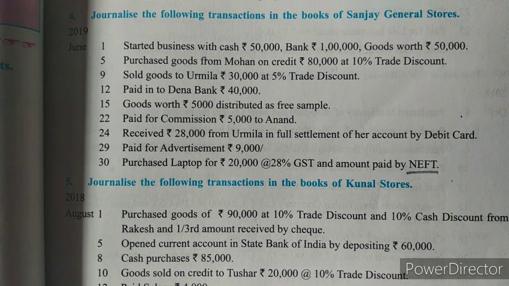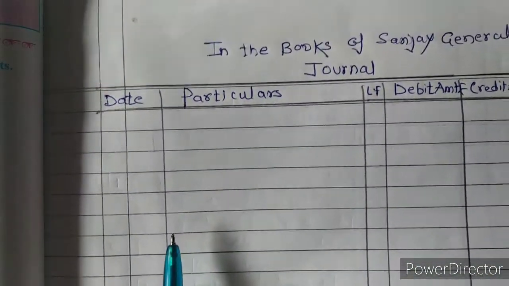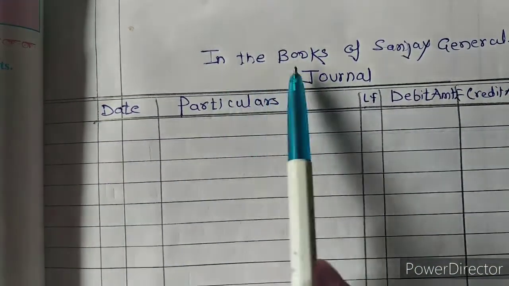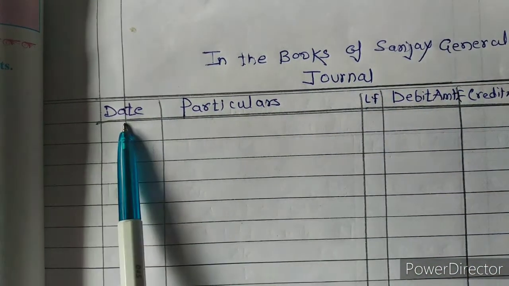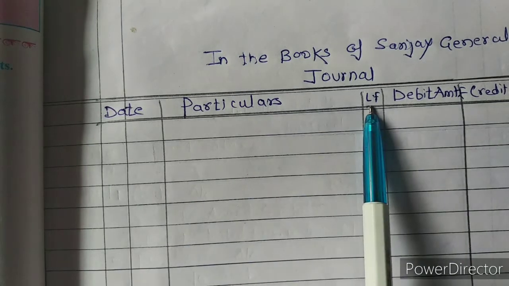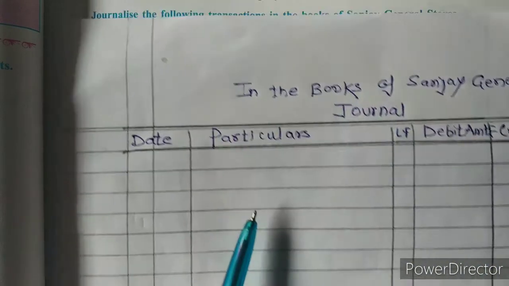Now you have to prepare the format of journal. Now see, I have prepared the format of journal in the books of Sanjay General Stores: journal, date, particulars, LF, debit amount rupees and credit amount rupees.